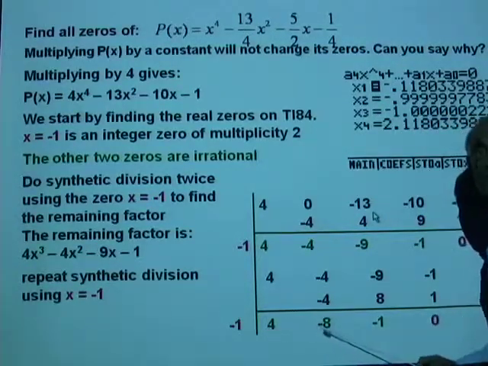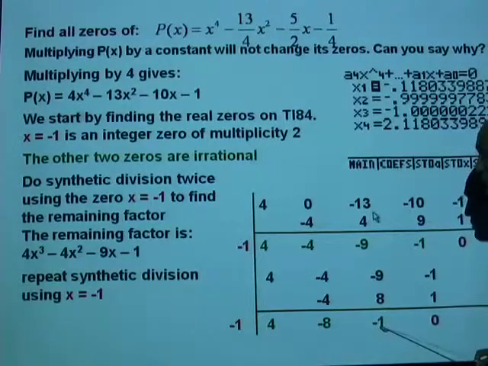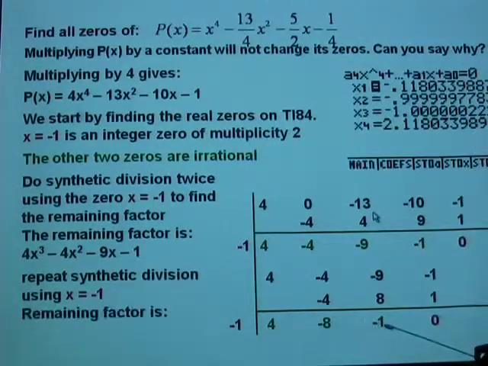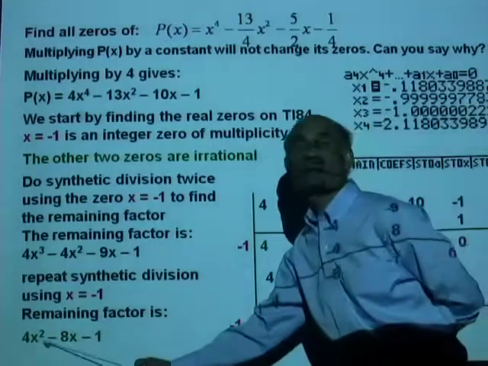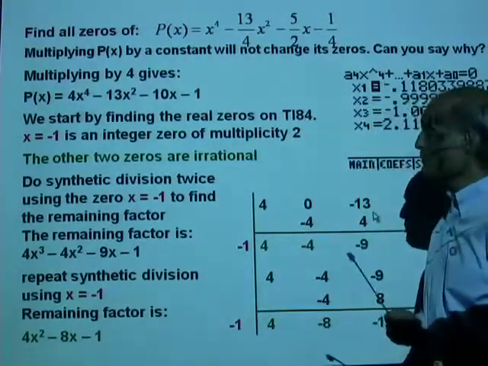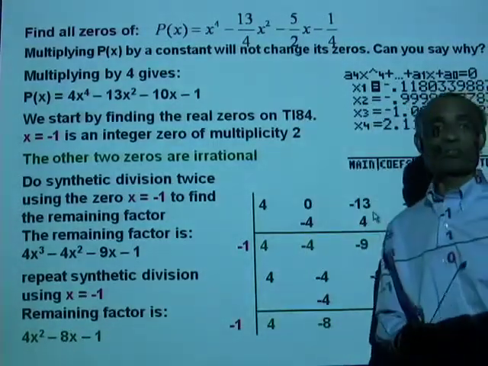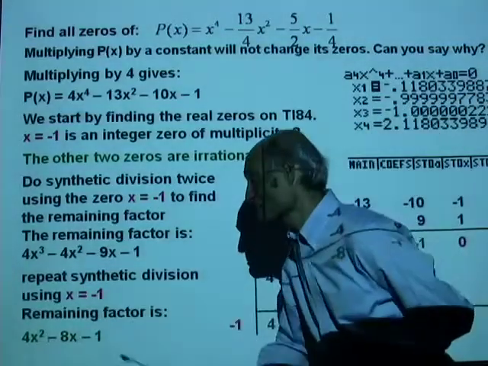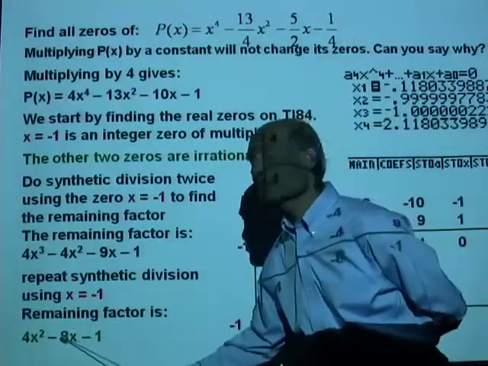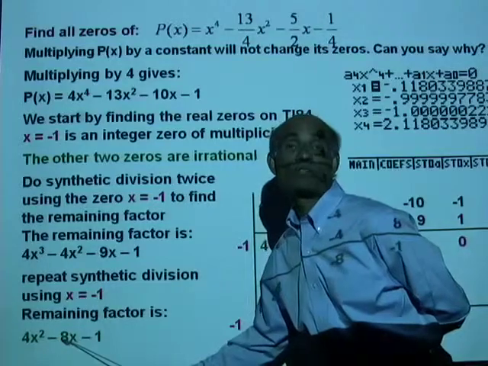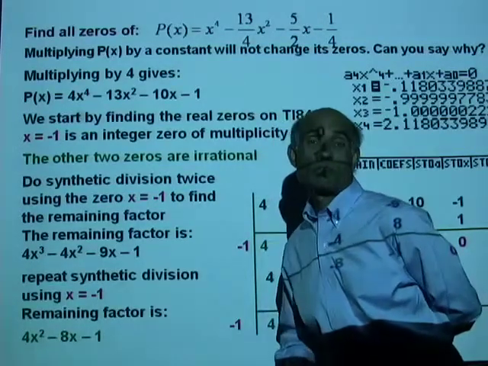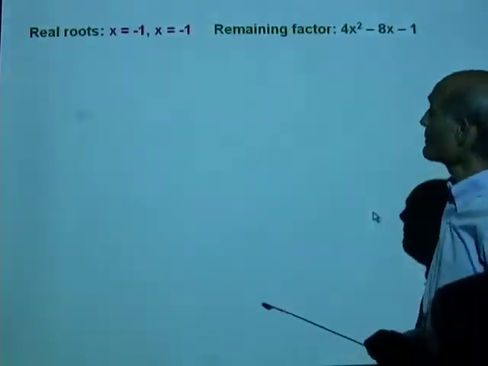4x squared minus 8x minus 1 is the remaining factor. And this cannot be factored. We have to do the simplification using the quadratic equation.